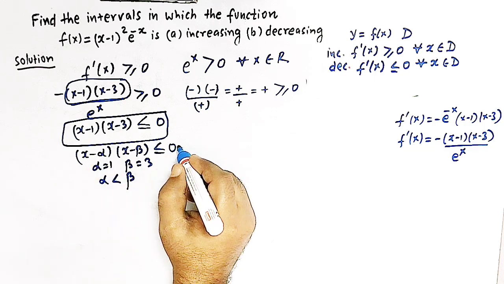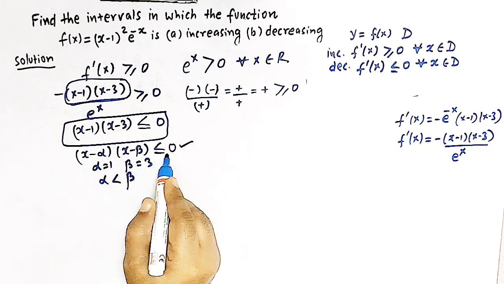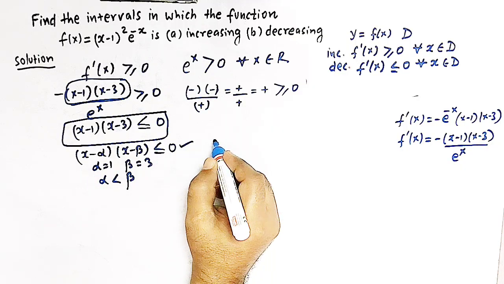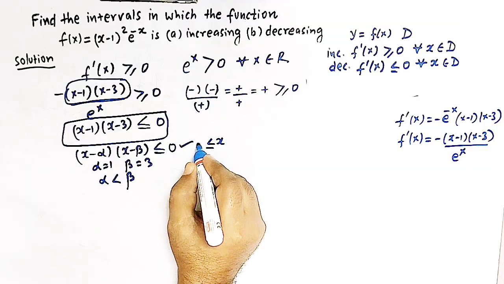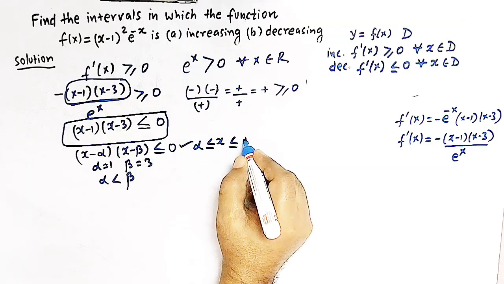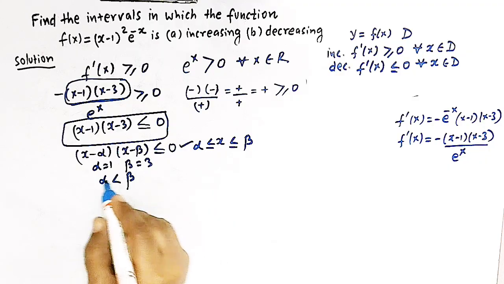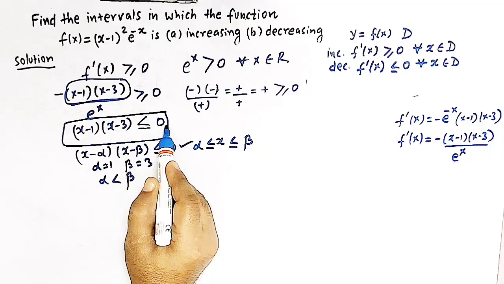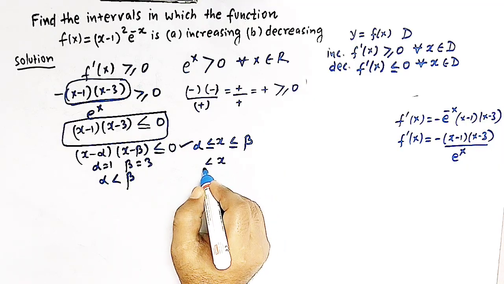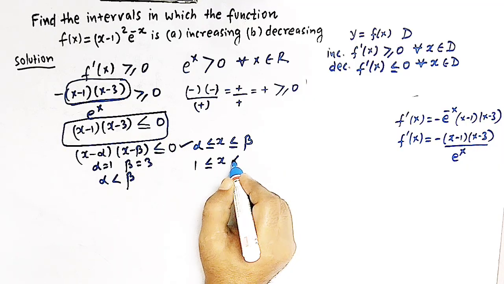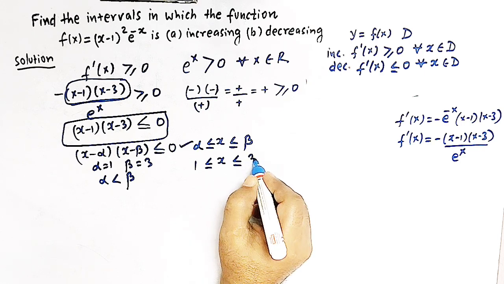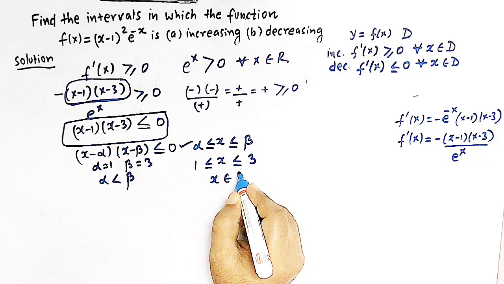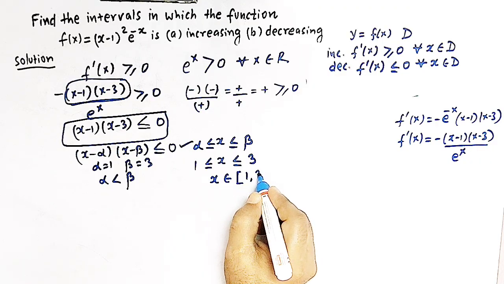Whenever we have an inequality of this form, the solution is x greater than or equal to alpha but less than or equal to beta. So here alpha is 1 and beta is 3, so the solution is x greater than or equal to 1 and less than or equal to 3, and we can also write it as x belonging to the closed interval 1 to 3.